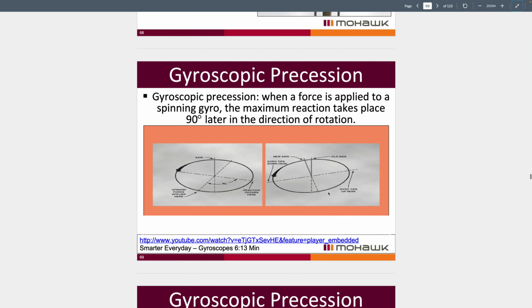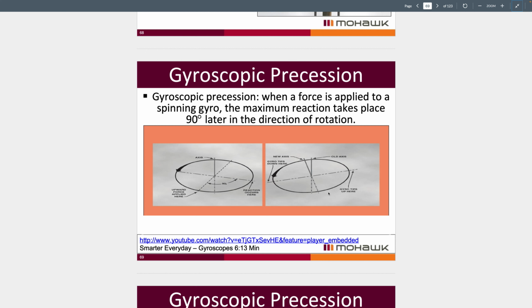This brings us to another principle that has to do with a gyro, and this one is known as gyroscopic precession. Gyroscopic precession is simply the tendency of a disturbance to be delayed.